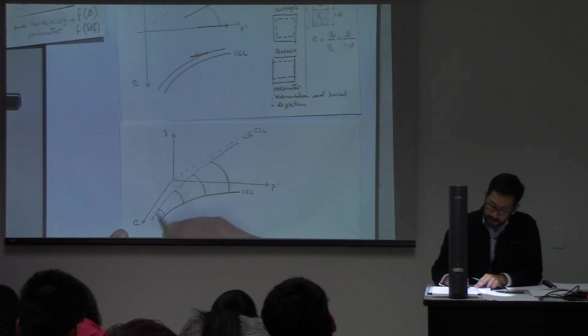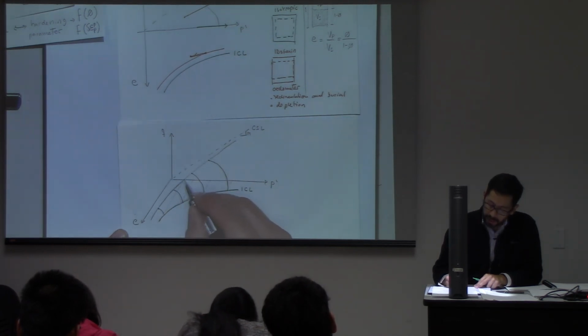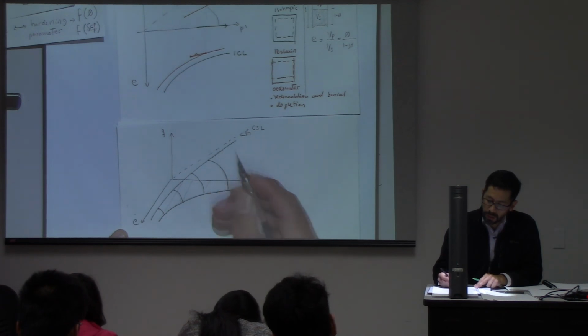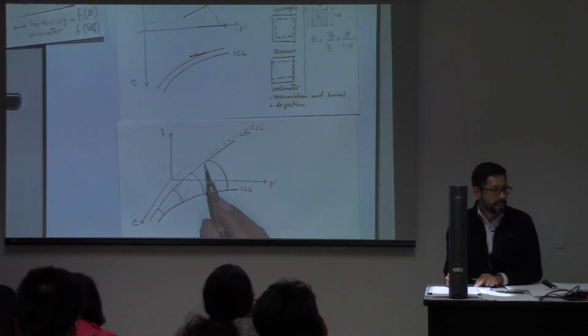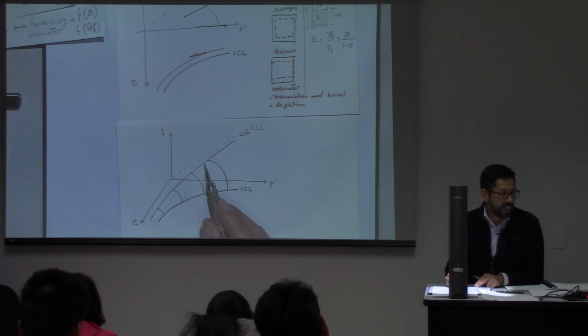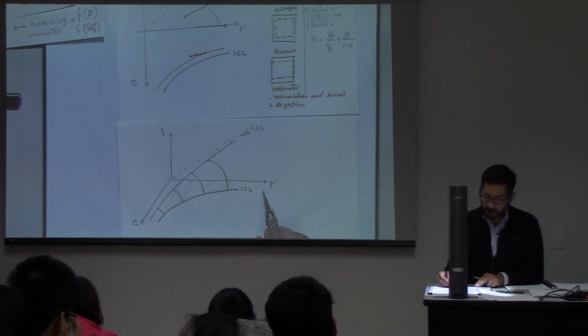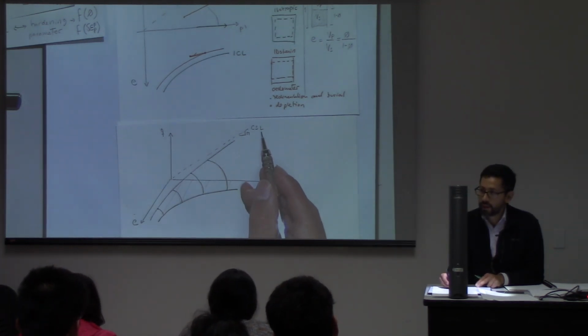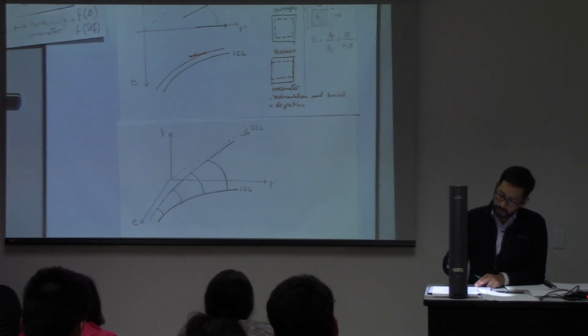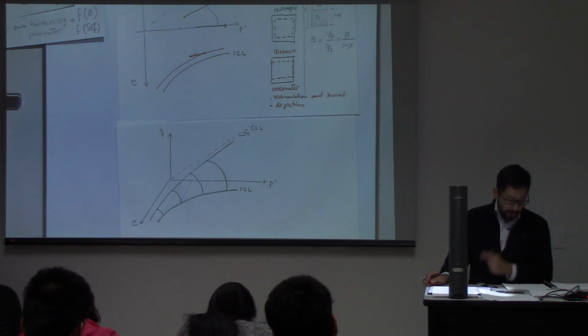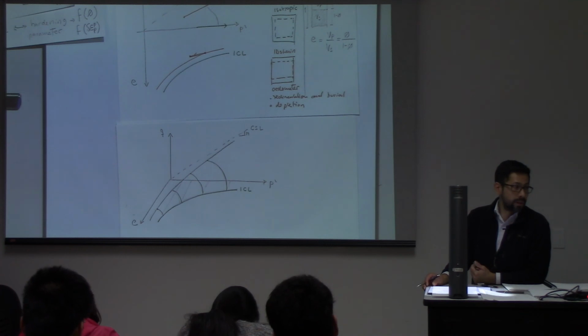And this is a line that goes into 3 dimensions, right? And this line, when it projects on the QP space, gives you the critical state line. And when it projects into the EP space, it gives you the normal consolidation line.